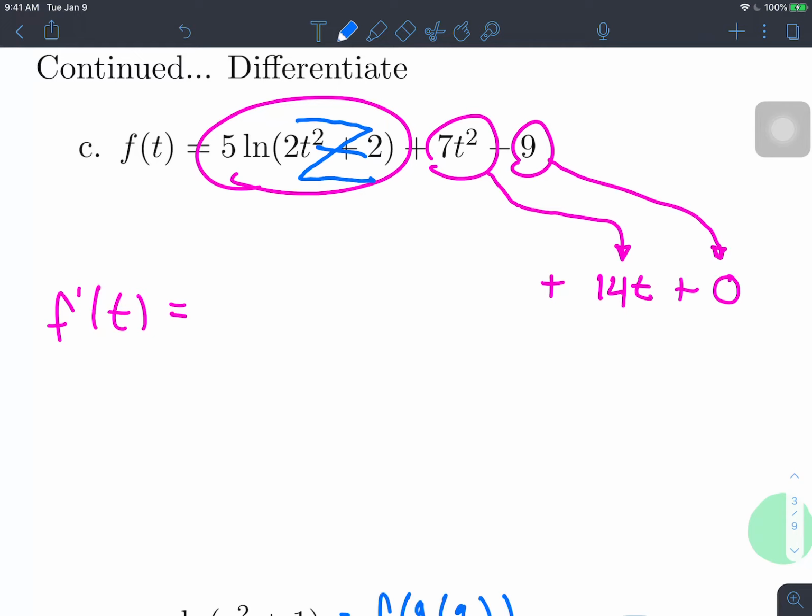Now, if I were to do the derivative of 5 ln z, what would I get? Yeah, 5 over z, because the 5 would just hang out, and then the derivative of ln z is 1 over z, so if we multiply 5 times 1 over z, we'd get 5 over z. So I'm going to write 5 over, except I'm going to be careful here, where I see a z, I'm actually going to write 2t squared plus 2.